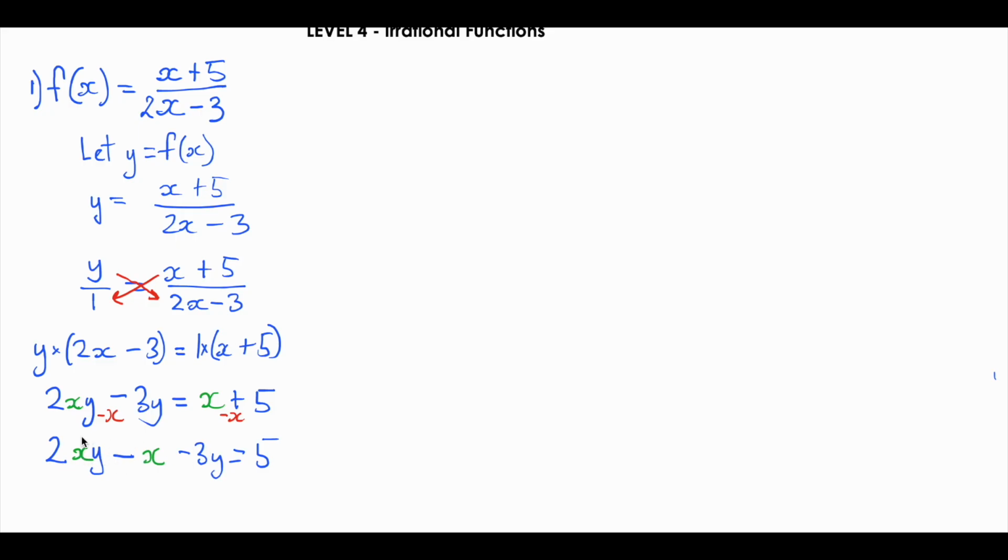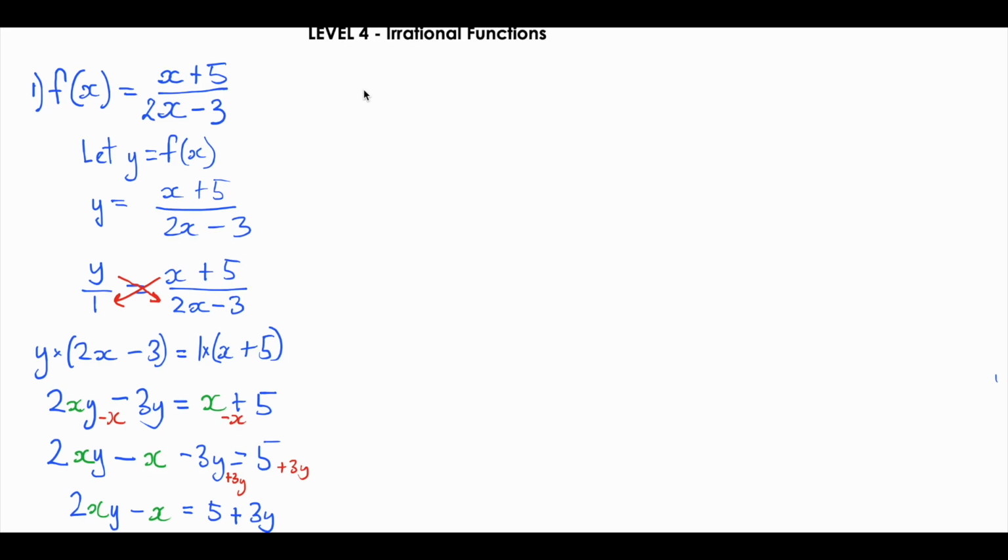Now you can see my x's are on the same side, and I have a minus 3y that needs to go because that's taking up what we're trying to do. So we add 3y to both sides. Then we end up with 2xy minus x, which is equal to 5 plus 3y. I want y'all to take this down and we'll continue from there. Just want y'all to catch up with that.